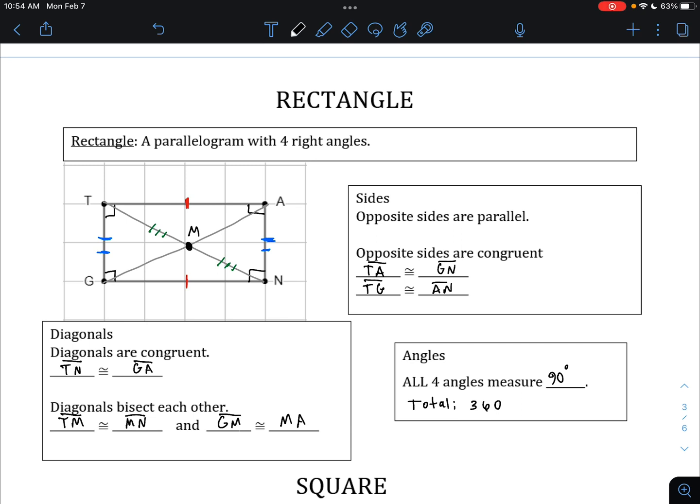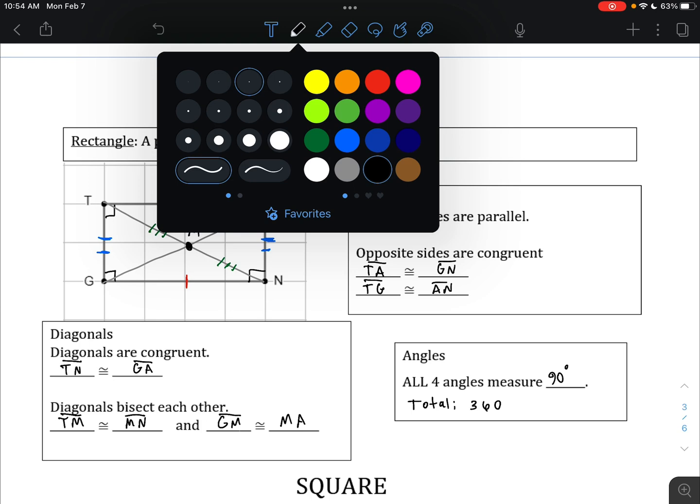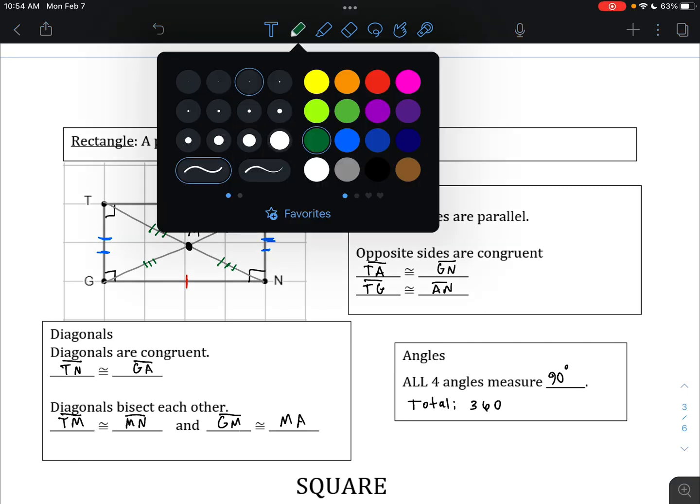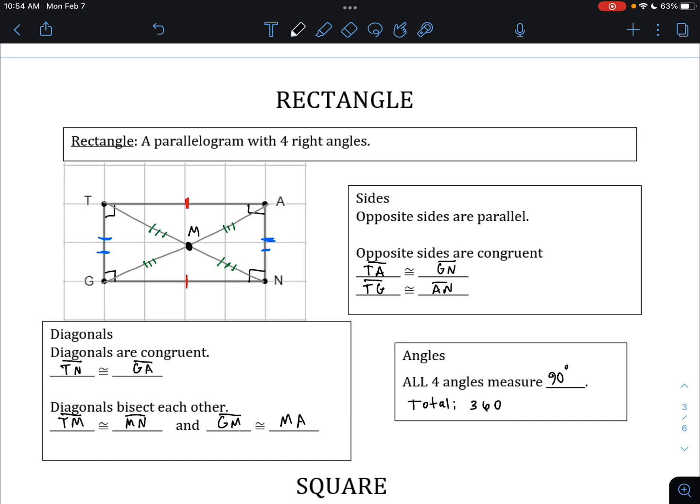So if TN and GA are the same length, let's say they're both 20, half of each of those would be 10, which would mean that all four of these parts are congruent to each other. So not only are they congruent as halves of the diagonal, they are all four congruent to each other. So TM is congruent to MN, is congruent to GM, is congruent to MA. So we're going to have all four of those parts congruent.